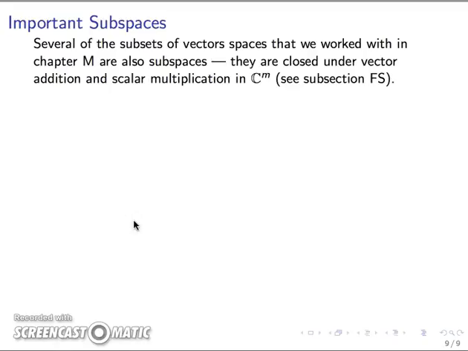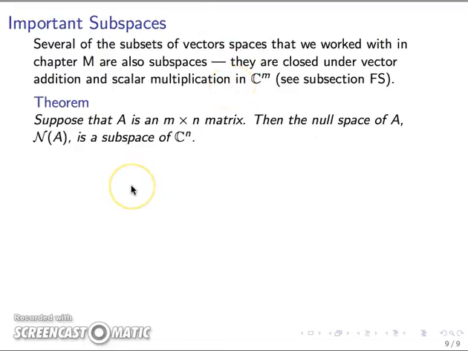Other important subspaces are going to be related to matrices. Some of the vector spaces we have discussed previously are subsets of the vector space M sub mn, and another of the well-known vector spaces is Cm.